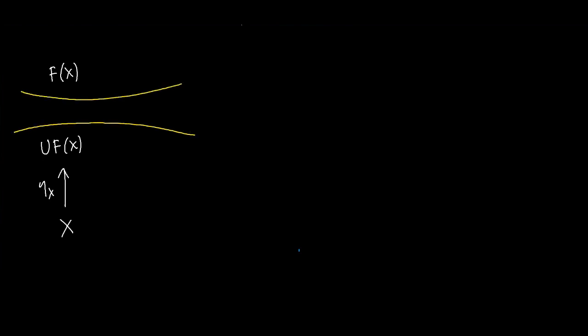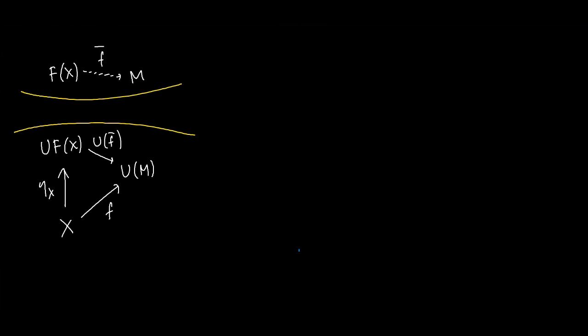Then we had UFX and eta X. And so these were the two categories here and there. And then we said that if I have another object up there, let's call this object M, and then we take UM, and I have a morphism F, then there must exist a unique F bar, such that U F bar makes this triangle commutative.